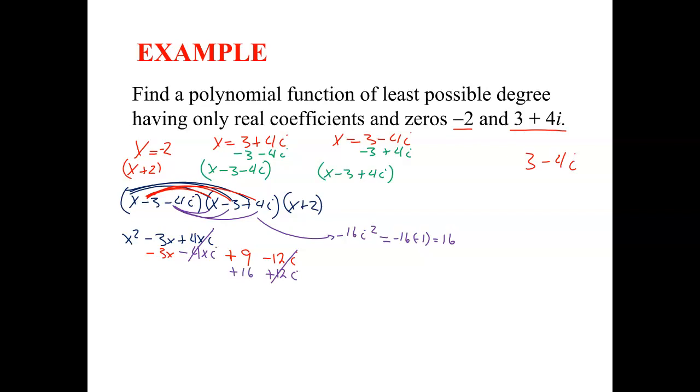And now I just combine my like terms. x squared minus 6x plus 25.